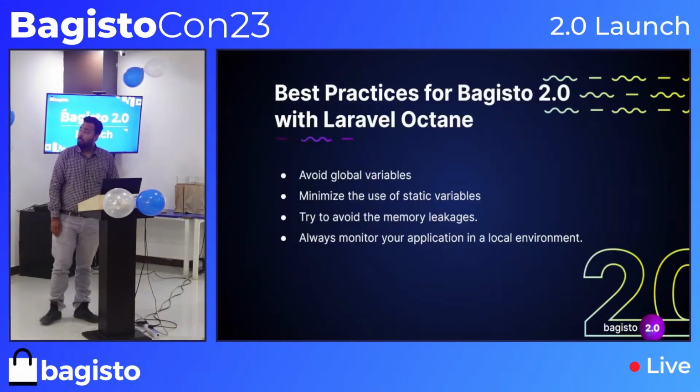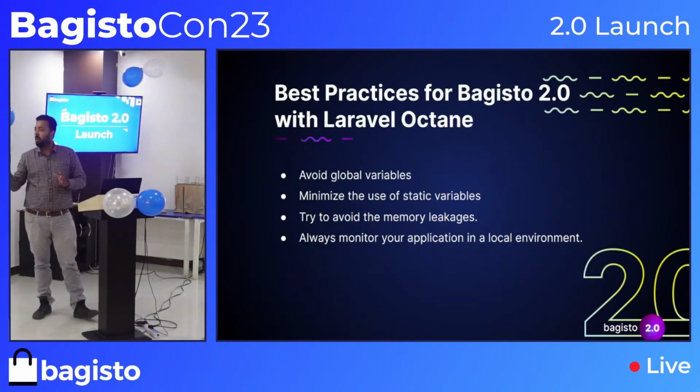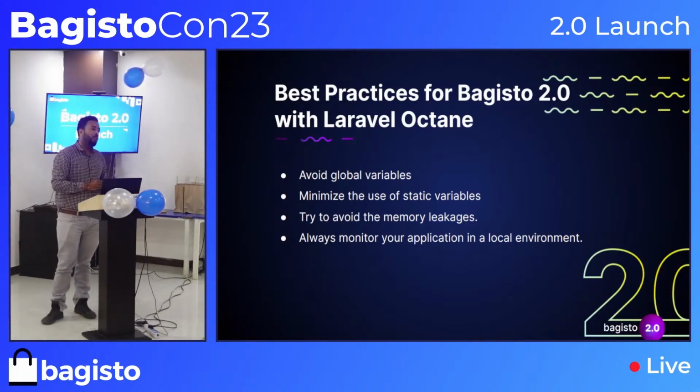The next thing, as I already talked about: avoid global variables as much as possible, minimize the use of static variables, and try to avoid memory leakage. Most importantly, how can you check for memory leakage? By always monitoring your application in a local environment when you are working in a stateful environment like Octane.